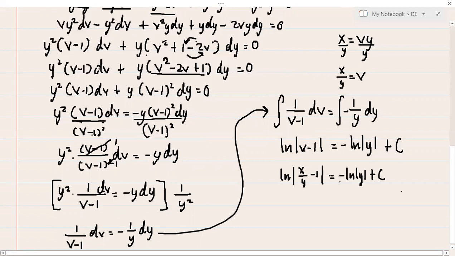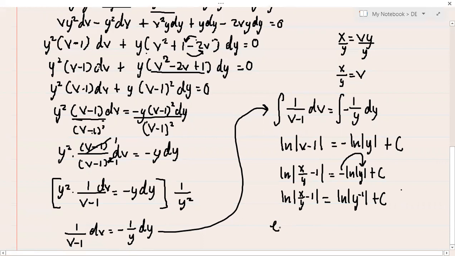Pwede pa tayo mag-simplify. Okay? So, una, itong coefficient ni ln of y sa kanan, which is negative 1, gawin ko siyang exponent kay y dito. So, let me copy the other terms that I didn't mention. So, this would be ln of y raised to negative 1.